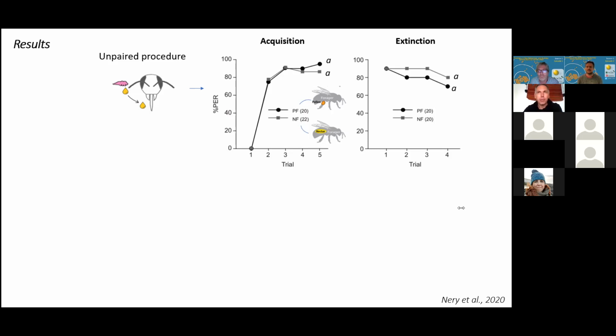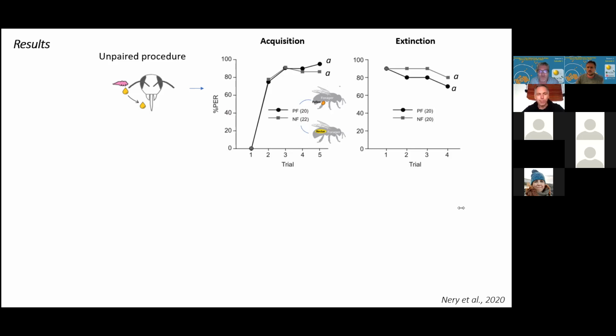One of the main problems with just using pollen on the antennae is that pollen gets stuck in the antennae, and then somehow the bee stopped responding. So it's somehow a methodological problem, but on the other hand, we found better results when we managed to give this double reinforcement.